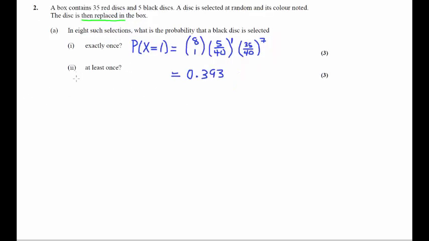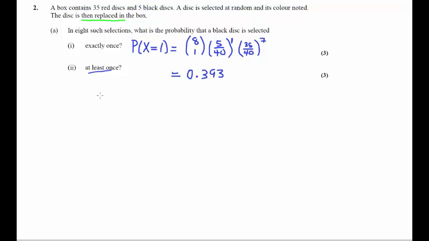So then part 2 is asking what's the chance that you will select at least once a black disc. And the way you can think about it is the probability that X is greater than or equal to 1, or you could also think of at least once as the opposite of getting 0 picked.